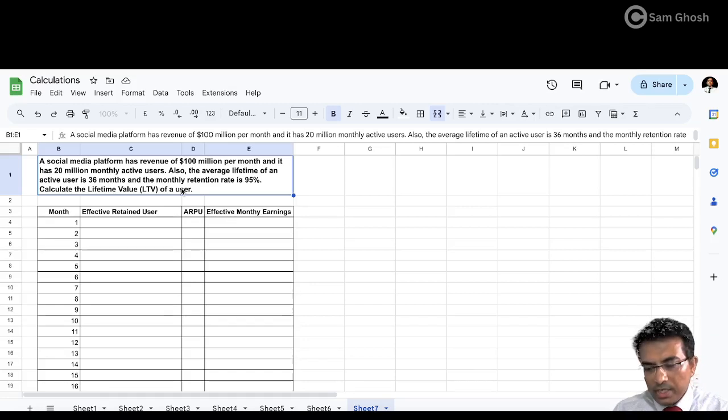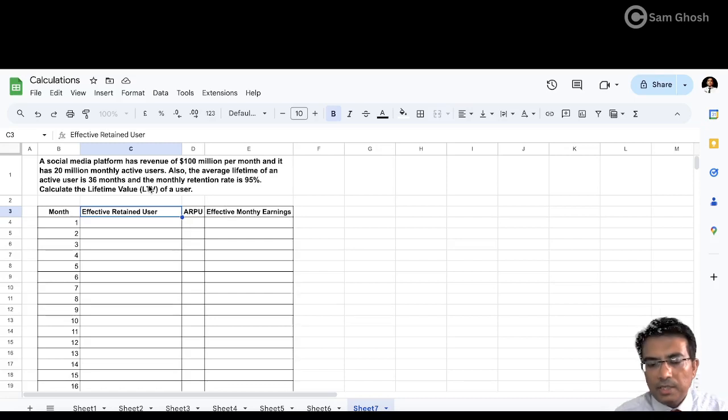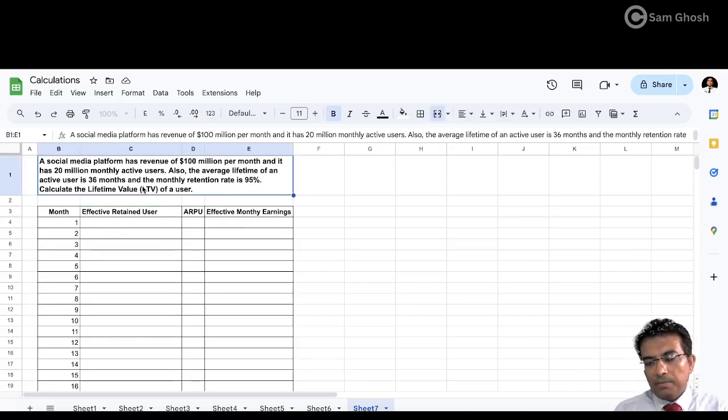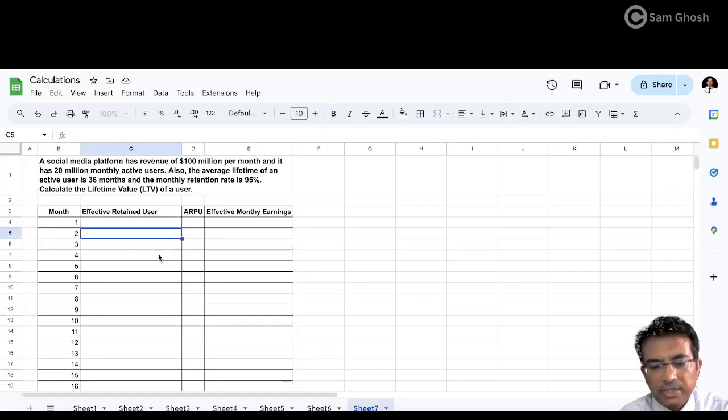Now, we cannot really use the formula directly here, and there is a problem with that. And the problem is because of the retention rate. So all the users are not sticking with the platform, they are leaving the platform. So we have to take that into account, and we are dealing with monthly retention rate here.